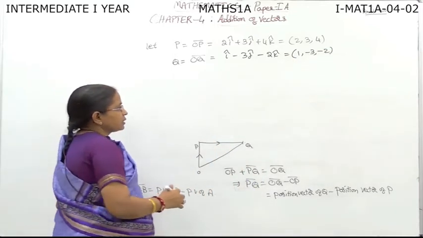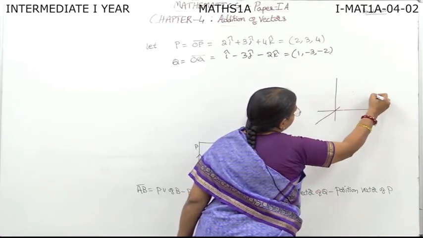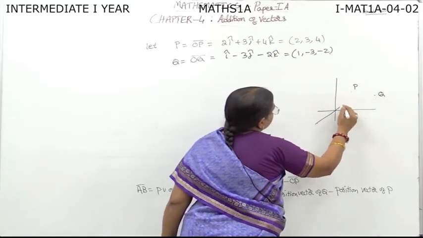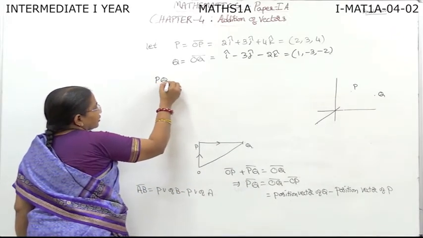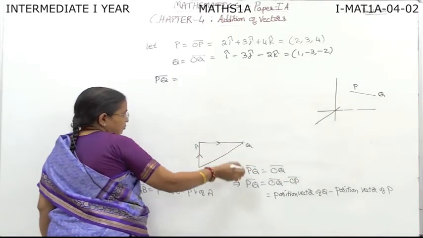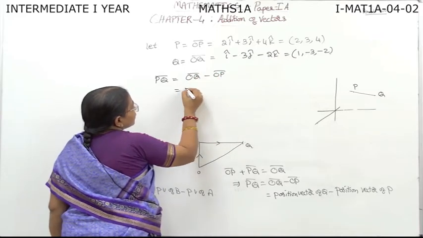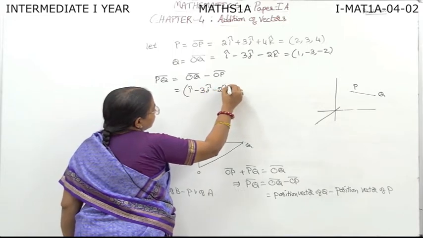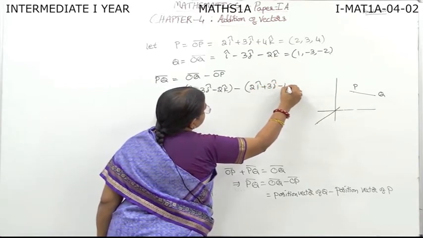These two are points. Now in the coordinate plane, you have 2 points P and Q. So that means OP is this and then OQ is this. Now I should find PQ vector. So according to this, what is it? OQ minus OP. OQ means i minus 3j minus 2k, minus OP means 2i plus 3j plus 4k.